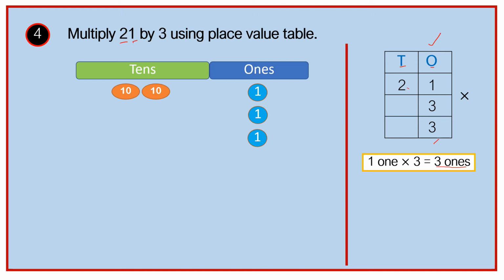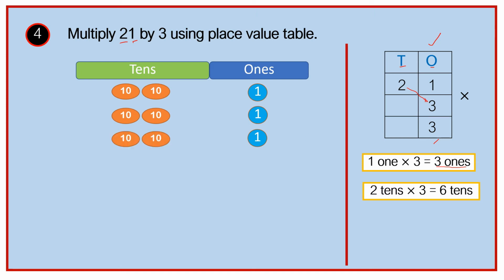Now we get 2 tens times 3. So we get 2 tens 3 times: 1, 2, 3. So you see that 2 tens times 3 equals 6 tens. Now we write 6 tens in the space for tens.